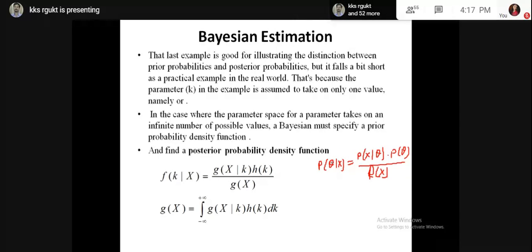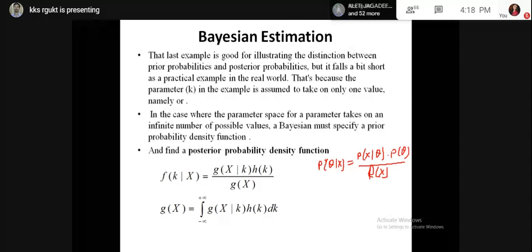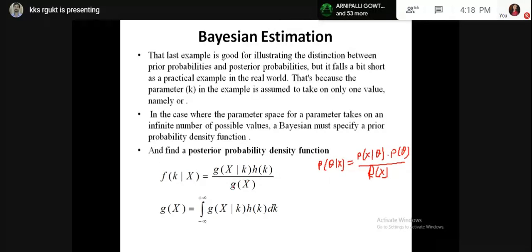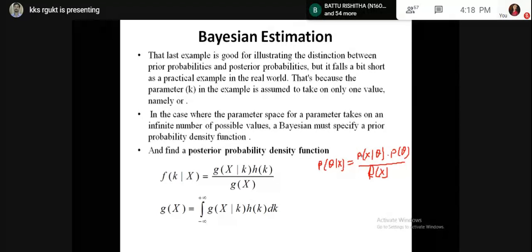But what if we want to estimate a distribution? Instead of P, which means probability, a particular value, you write a distribution function. F, G, H, these all are functions. Here P is probability, so it gives a single value.